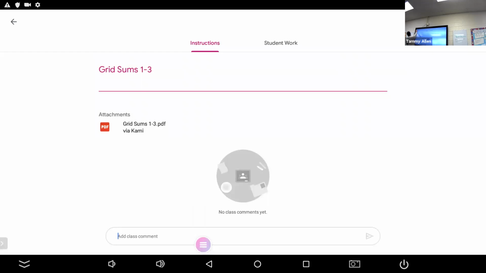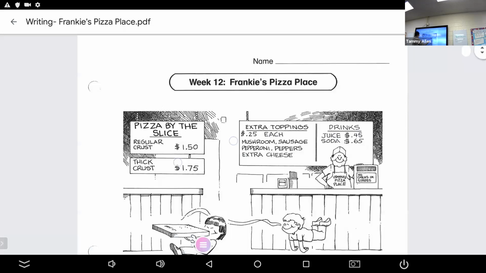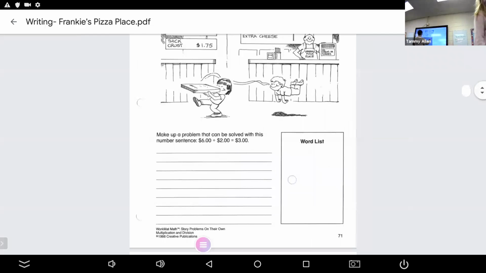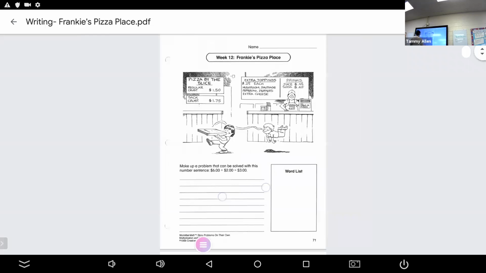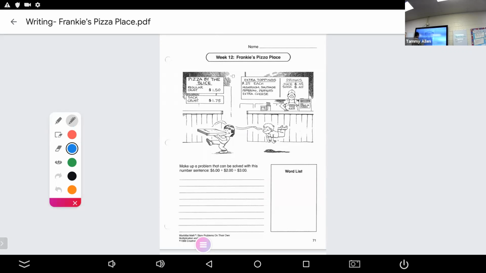All right, let's go to our math writing then, please. On the side, it's page 71.